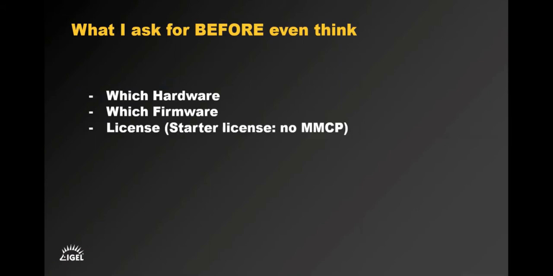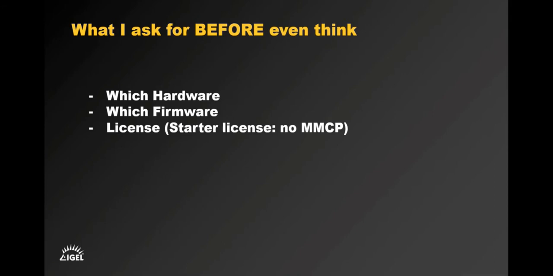License. I'm just writing it down here because since OS 10, we had to deal with the multimedia codec patch, which was not included by default in our operating system. We now have the situation that customers are using the starter license, which is the license you get when you first boot up a device that was just freshly delivered or converted. You can then use the starter license to test our solution. But in that test license, which is called starter license, you have no multimedia codec pack.